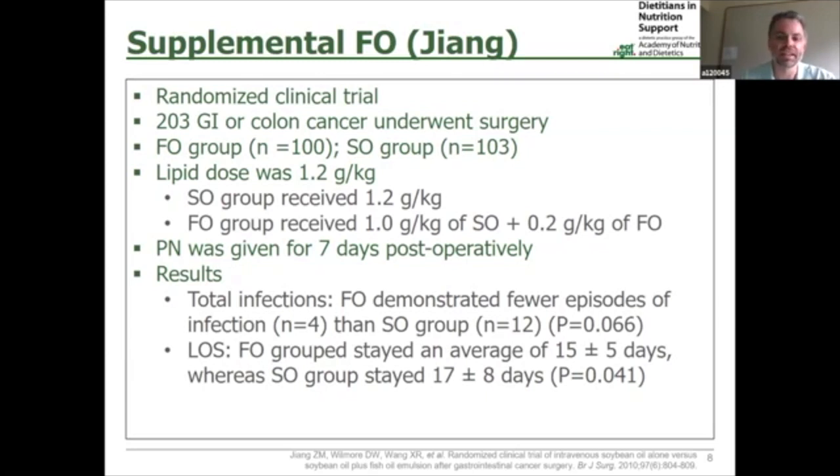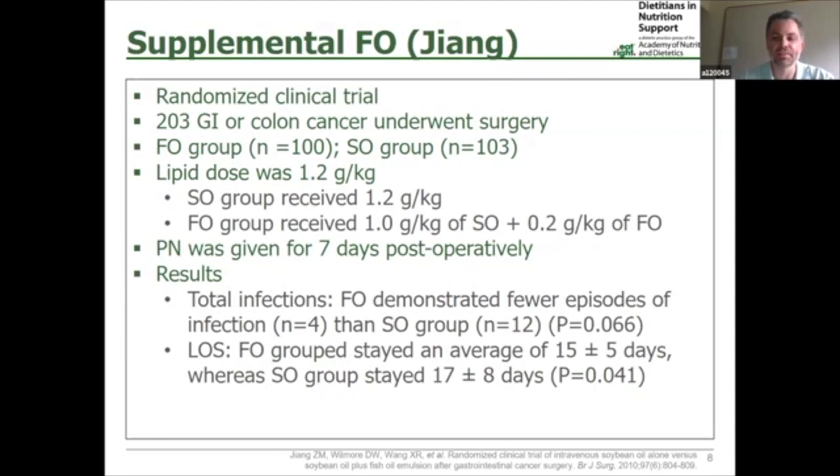Next, they looked at hospital length of stay, and again those that received fish oil on average had 2 days less in the hospital than those that received soybean oil. In this study, they also looked at the cost of patients related to nutrition and the cost that was non-nutrition related.